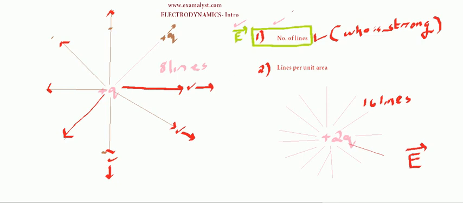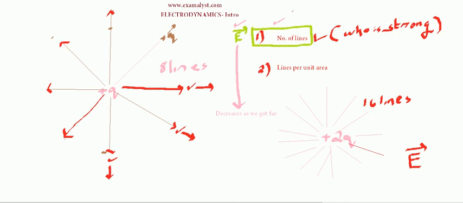The most important thing about the electric field is that it decreases as we go far away. This was experimentally observed.